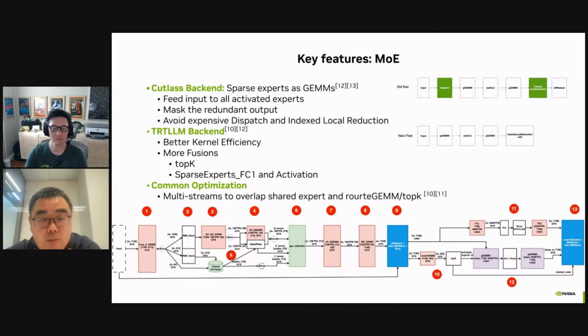We have introduced multi-streams to overlap the shared experts with router GEMM, top K, and sparse experts. That is the observation of MOE from kernel level and system level.